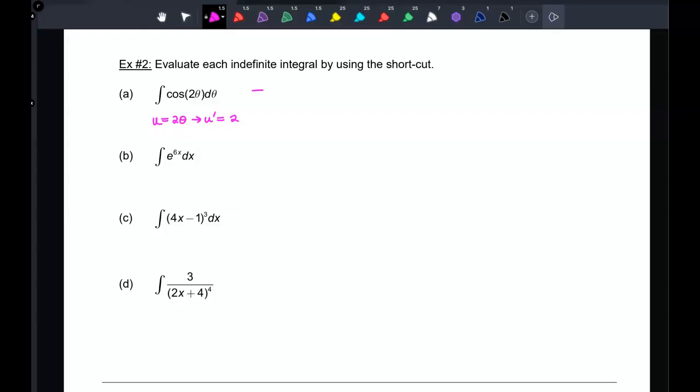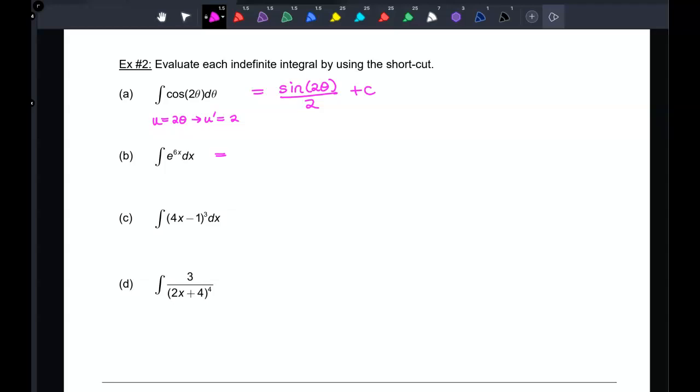So I take the antiderivative for cosine, sine, keep the inside the same, 2 theta, divided by 2, plus c. It's backwards chain rule. So remember with chain rule, we have to multiply by the derivative. Here we're just dividing by the derivative.